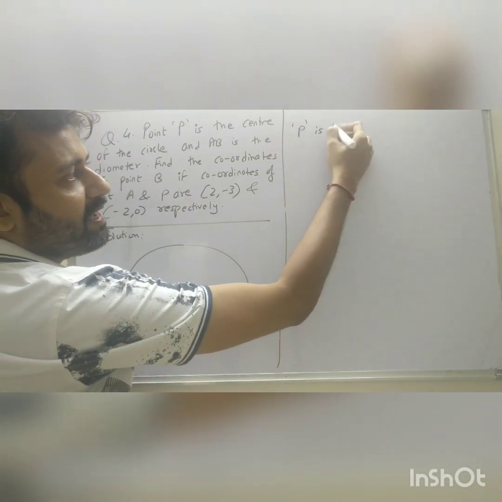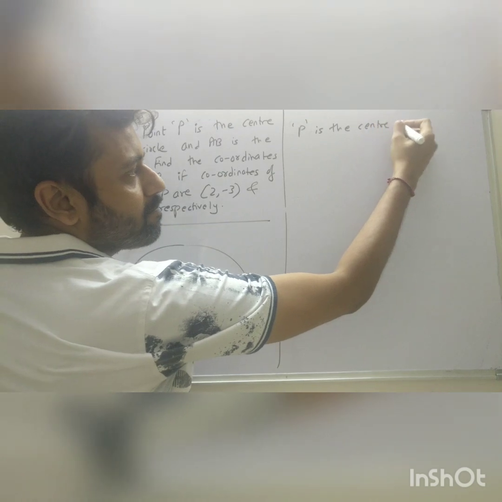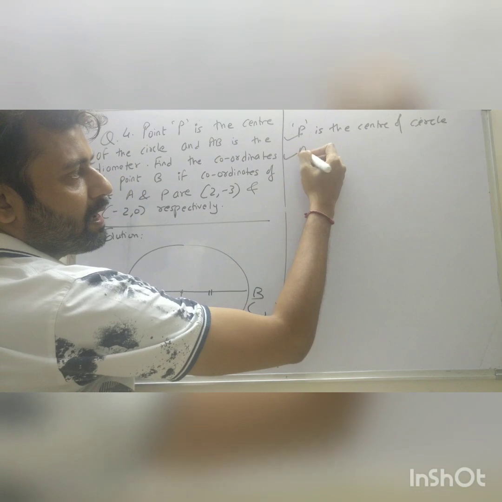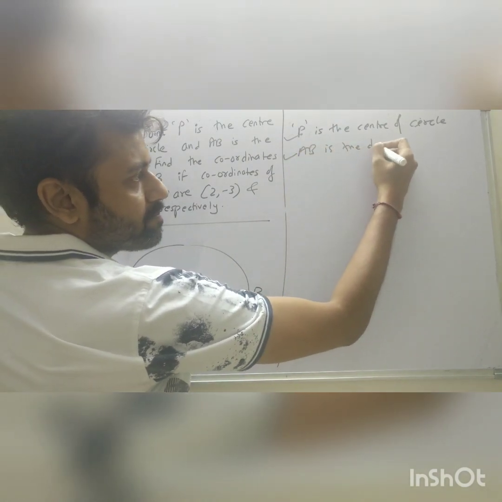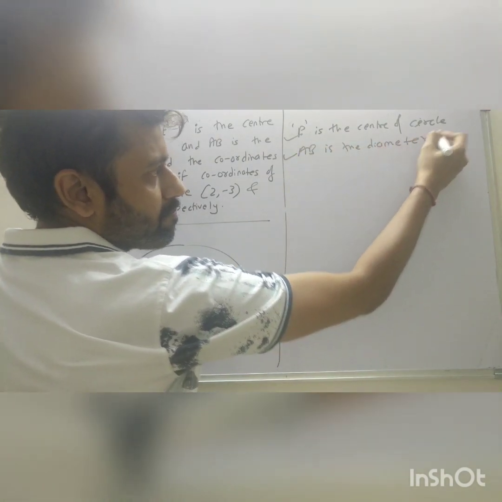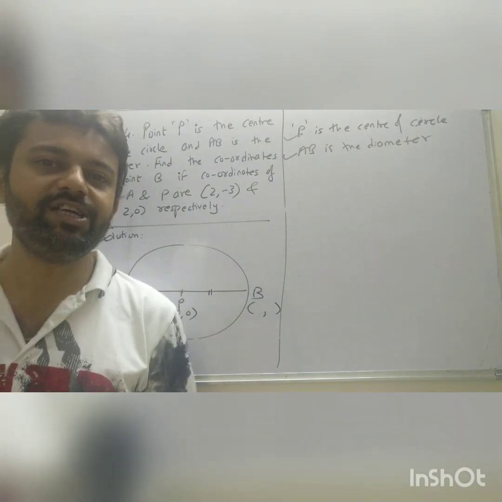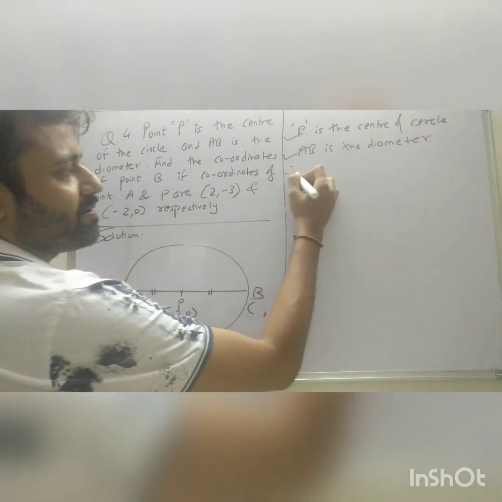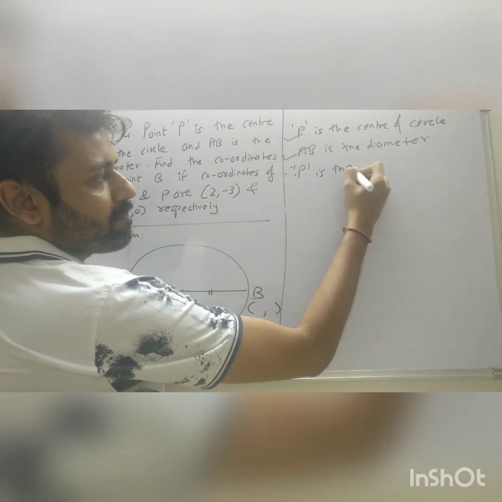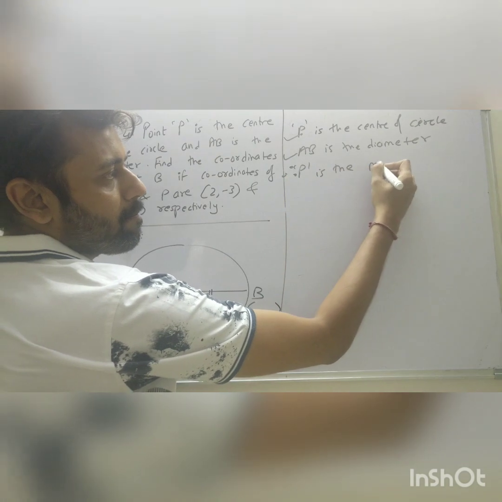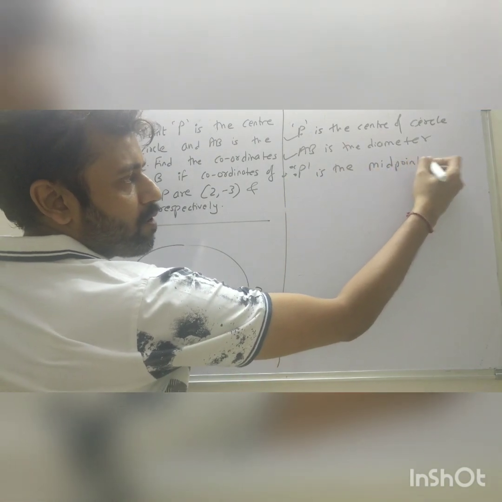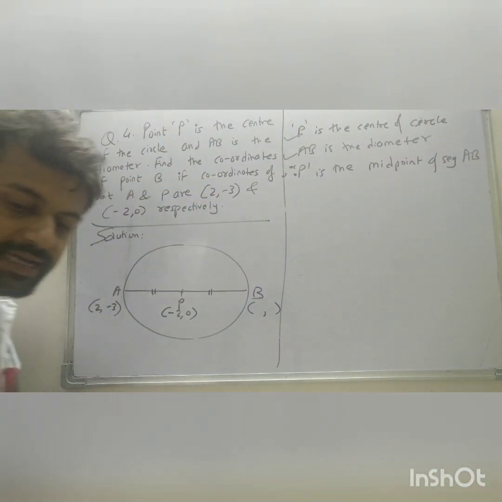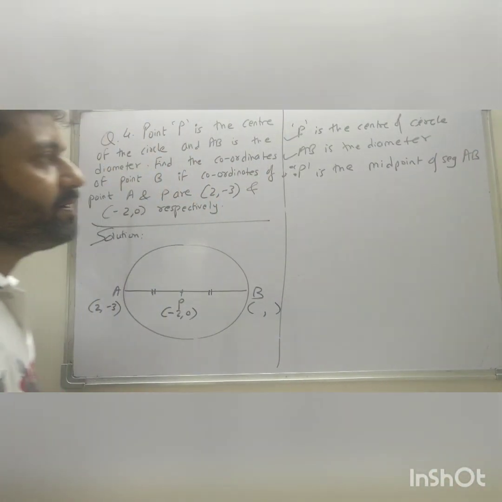P is the center of the circle. AB is the diameter. By the definition of diameter, center, radius, we know that P is the midpoint of segment AB.